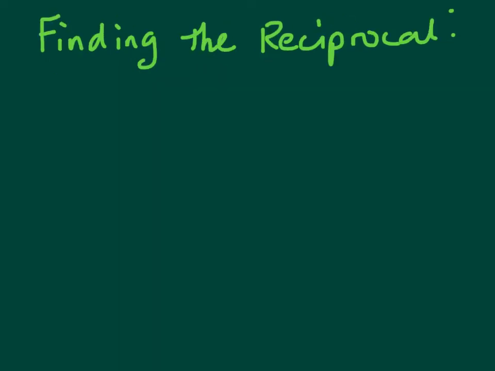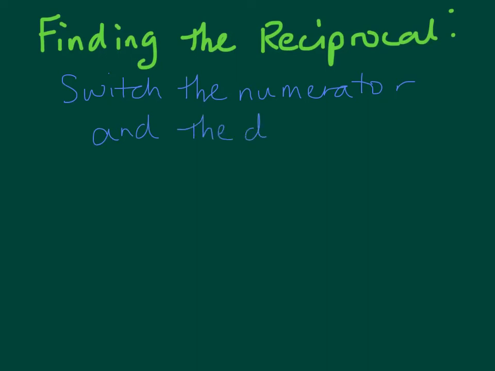Now let's look at how we find the reciprocal. It's fairly easy to find the reciprocal. We just switch the numerator and the denominator. But we need to put a little note here.